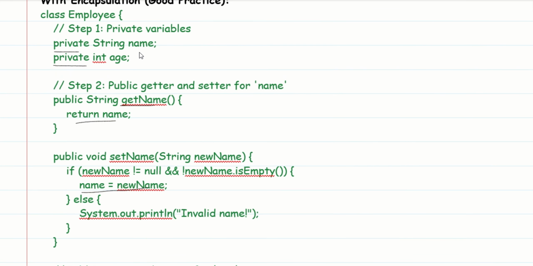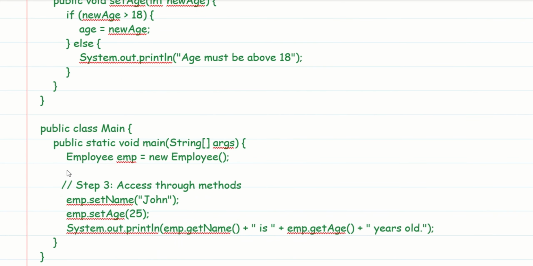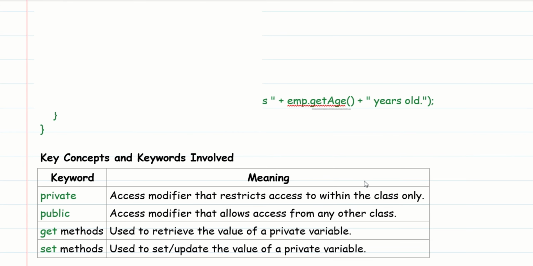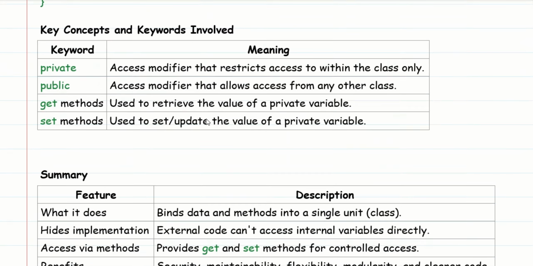One getter is for name, one getter is for age. Again, one setter is for age and one for name. Then in the main method, create an object for Employee, use setName and setAge to set the name and age, and use getName and getAge to get the name and age. Again, the key concepts or keywords are private and public, which are access modifiers, then the getter method and setter method.